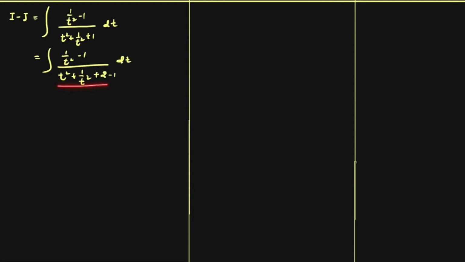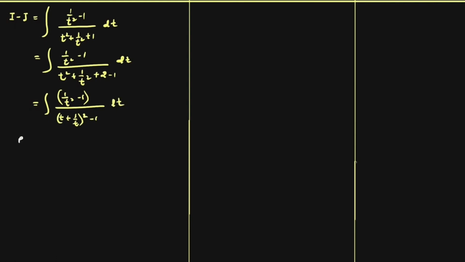In denominator this we are able to write t plus 1 by t whole square, which we are able to write t square plus 1 by t square plus 2 into t into 1 by t, which is equal to t square plus 1 by t square plus 2. So this is equal to integration of 1 by t square minus 1 divided by t plus 1 by t whole square minus 1 dt.